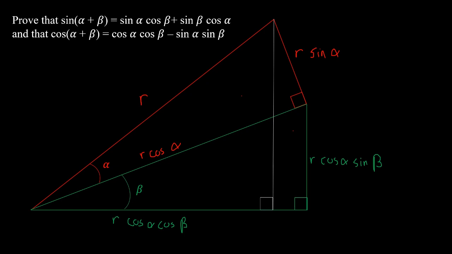Now we're going to construct a line that is perpendicular to this green triangle, extending all the way to the red triangle. We're also going to draw another line which is perpendicular to the line that we just constructed, and it's going to touch this intersection of the two triangles.